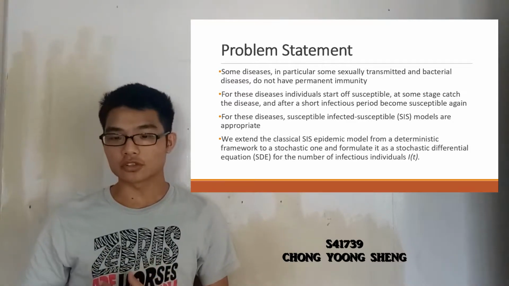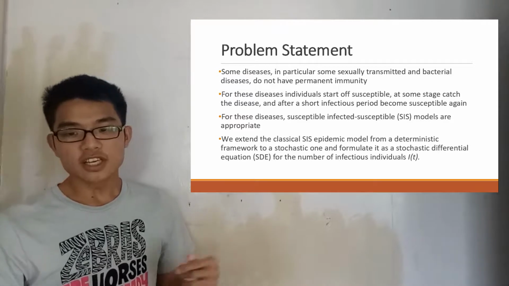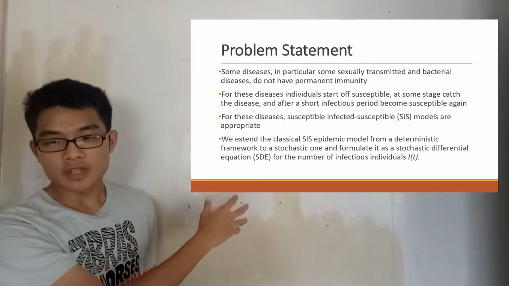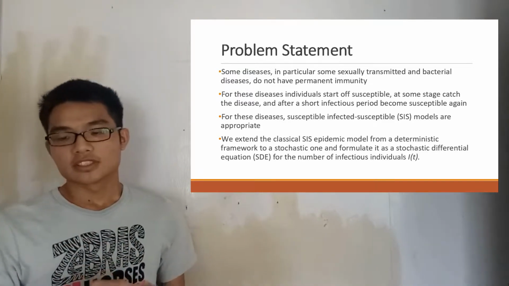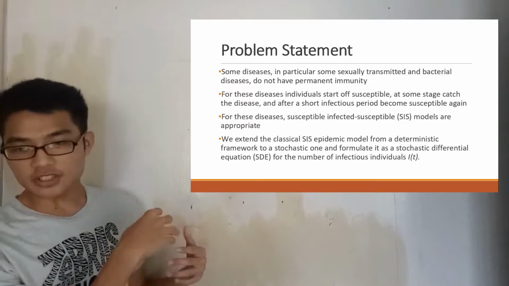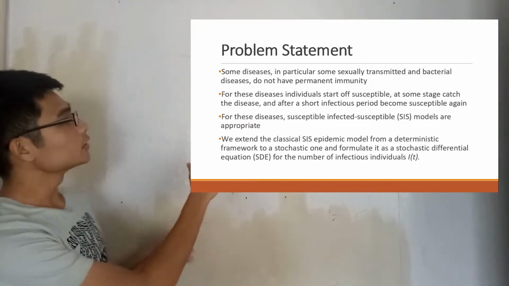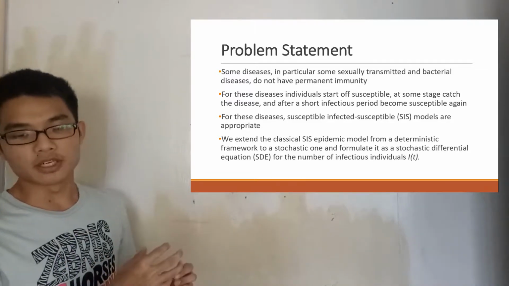Some diseases, in particular some sexually transmitted and bacterial diseases, do not have permanent immunity. For these diseases, the individual starts susceptible at some stage, catches the disease, and after a short time the infection period ends and the individual becomes susceptible again.